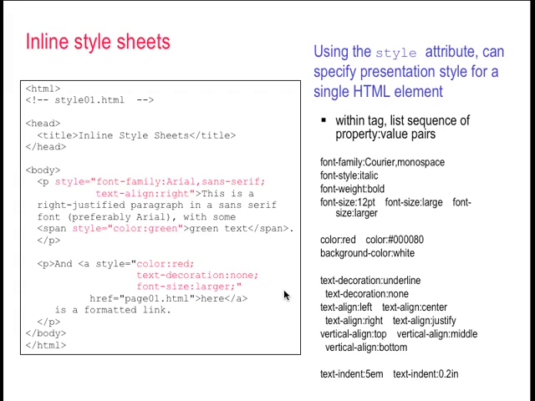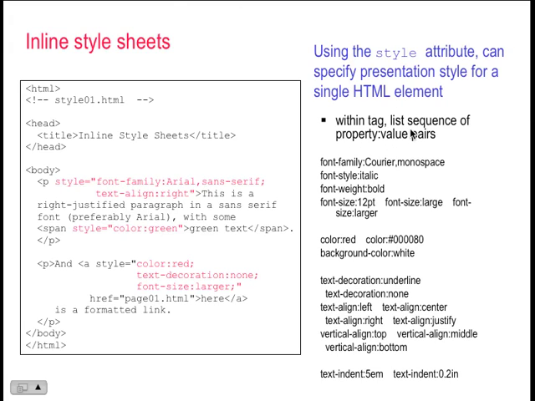And here we have an example, and this is probably going to put all the pieces together for you in terms of the syntax. We're going to use the style attribute. We've seen that already. It can specify the presentation style for a single HTML element. Style can be applied to any HTML element, within the tag, and this would be considered the inline style approach. We've seen an example of this last week actually.